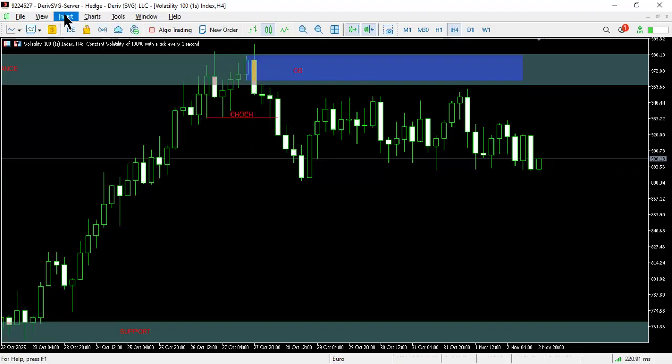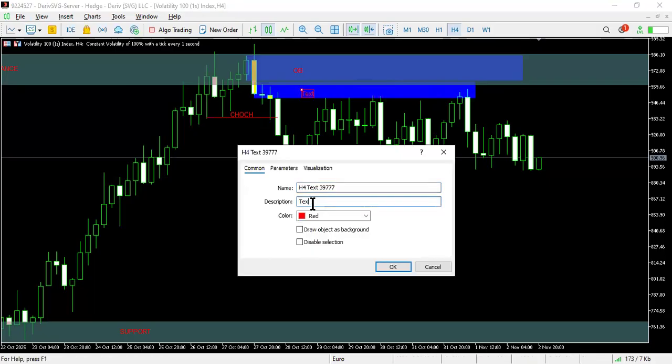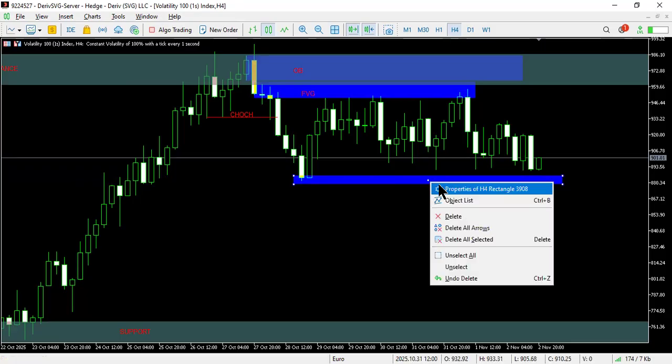However, from the look of things, price reacted off FVG, the fair value gap, and I can see there is a support here that is preventing price from shifting down.